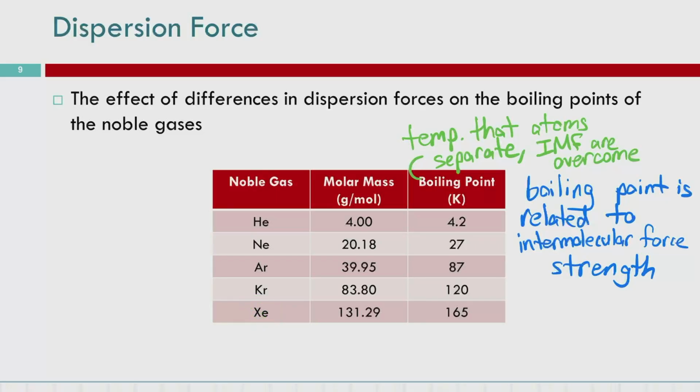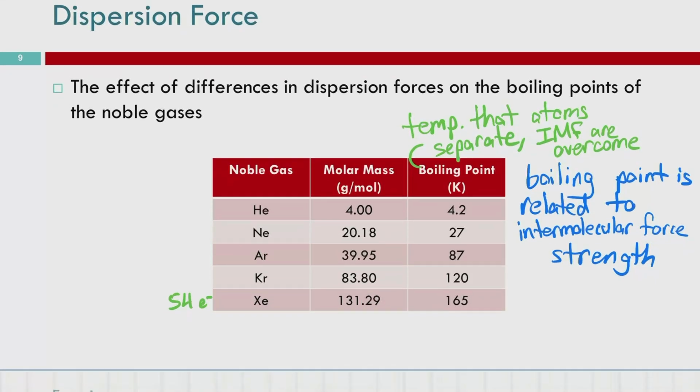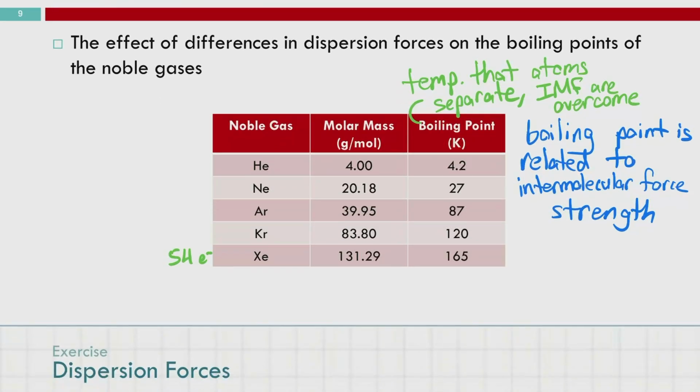Xenon, on the other hand, has 54 electrons, and so it's much easier for you to pull some of those electrons over. We also have increasing atomic size, since we've got our electrons basically in shells and layers. So those electrons on the outside are going to be easier to pull over to one side or the other, since they're not as close to our nucleus. So it's a little easier to influence those electrons.